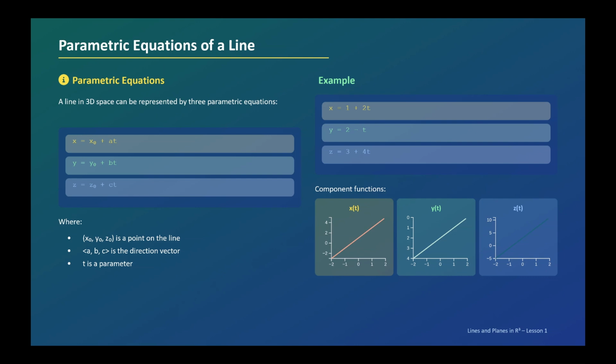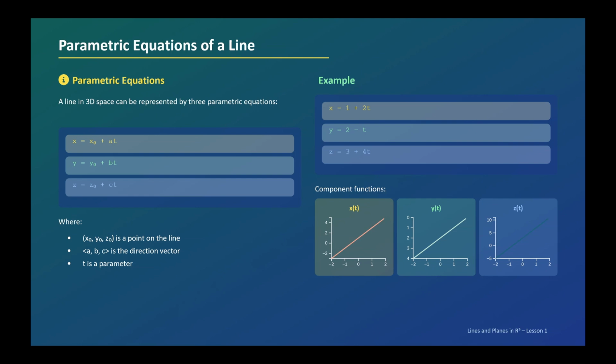From the vector equation, we can break it down into three separate equations: one for x, one for y, and one for z. We write them like this. x equals x naught plus a times t. y equals y naught plus b times t. And z equals z naught plus c times t.